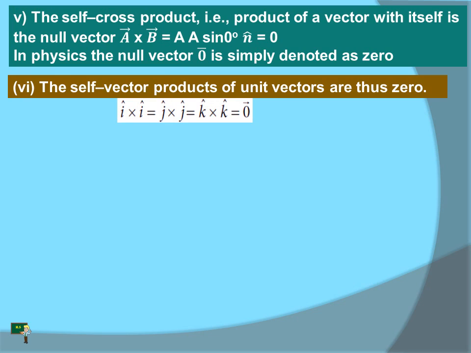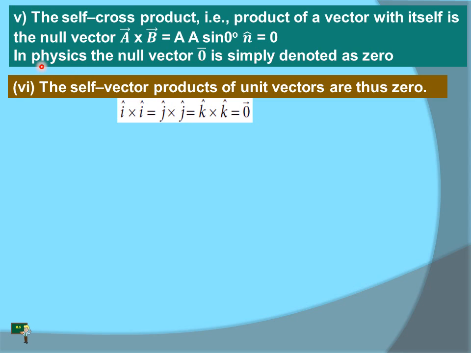Fifth property. The self cross product, that means the product of a vector with itself, is a null vector. A vector cross A vector is equal to A into A sin theta n cap, which is equal to 0.